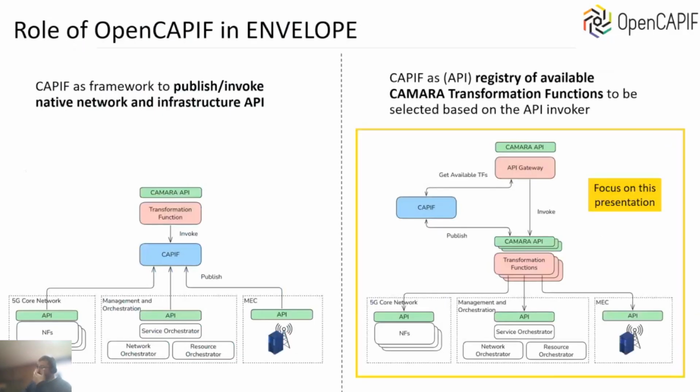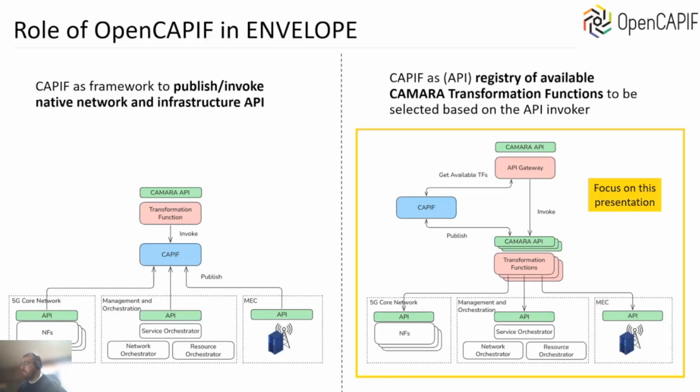Okay, here again in Envelope, our idea is to use CAPIF both at low level, to publish network APIs, as many other projects are doing, from the left side here, but we are also using it at the top level to publish the simplified APIs, the CAMARA APIs, to have a sort of registry of the available CAMARA APIs and their transformation functions, because as you know, CAMARA can be translated into several low-level APIs.